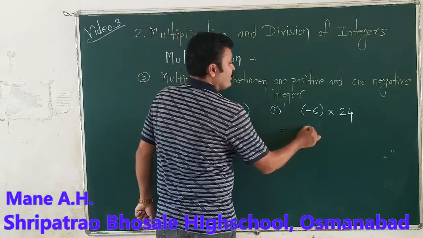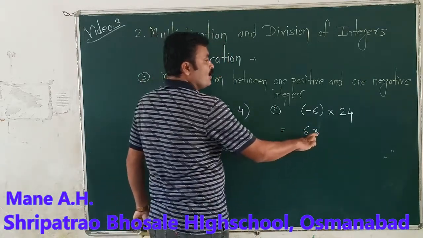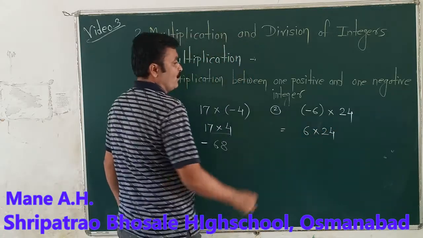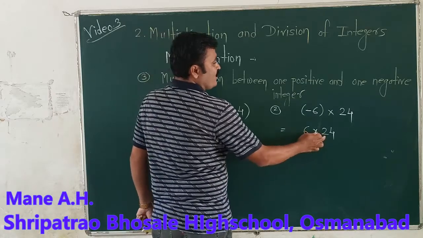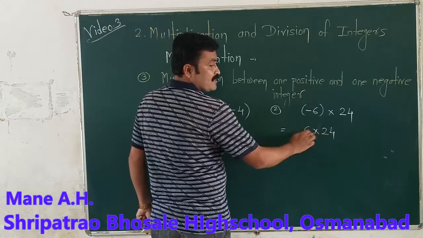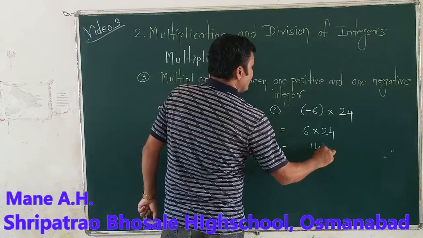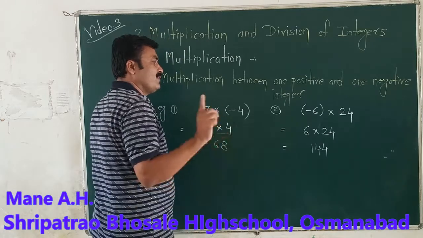The magnitude of minus 6 is 6, into the magnitude of 24, which is simply 24. Now let's take the product of these two magnitudes. 6 24s are, or 24 6s are, that comes as 144. Now this is your first step.